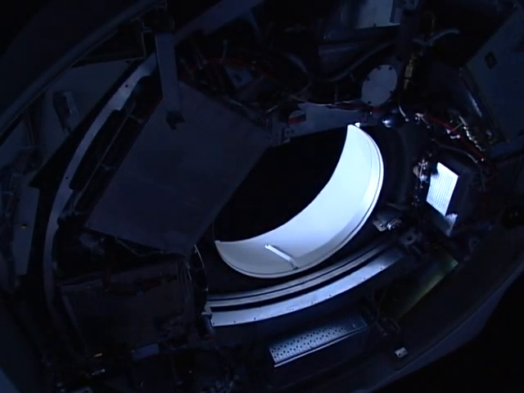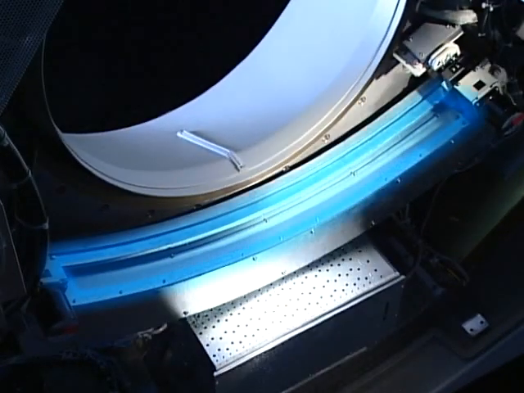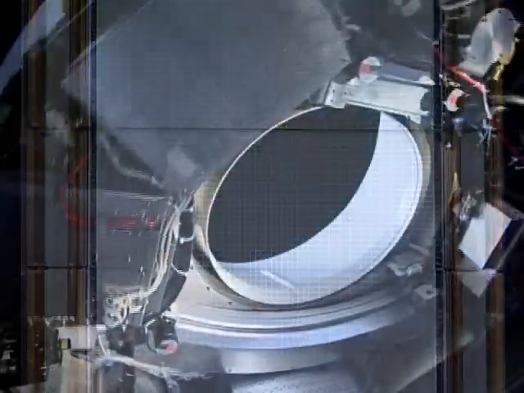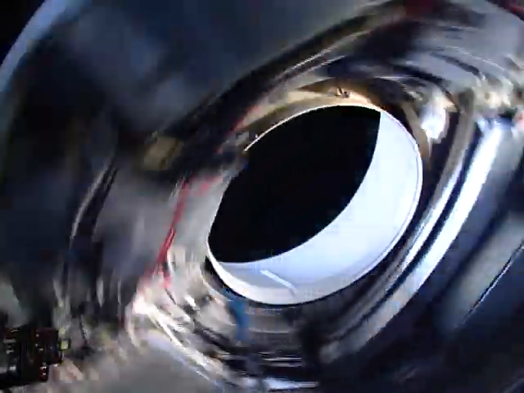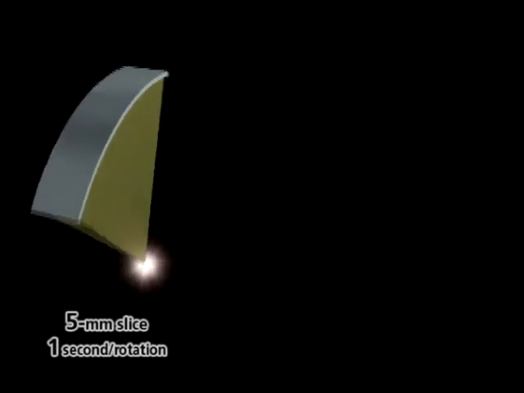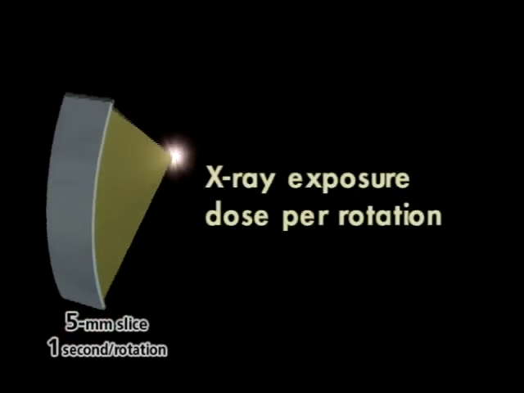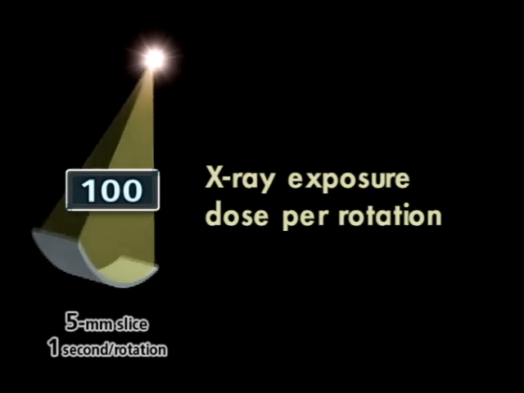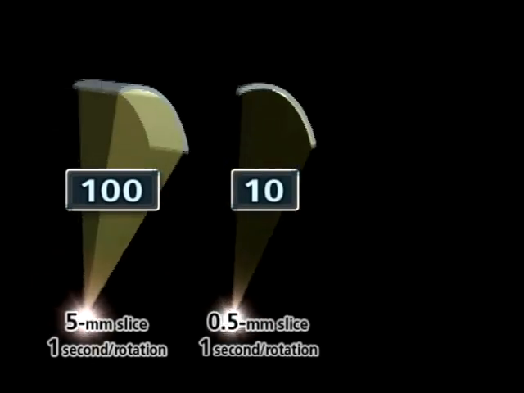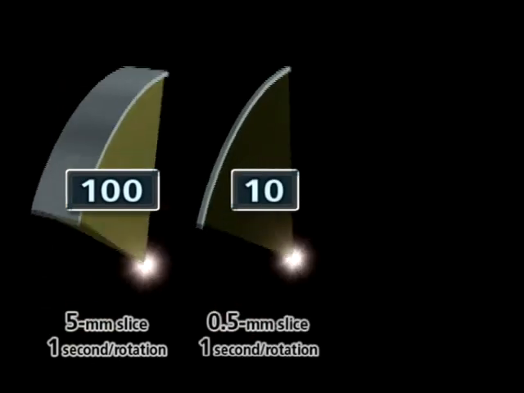One reason is said to be the sheer difficulty of cutting the detector crystal for a half-millimeter slice. But overcoming this difficulty alone wouldn't enable the realization of a half-millimeter slice. This represents the radiation dose of one scan rotation. If the dose of a 1-second 5 mm slice scan is given a value of 100, then the dose of a half-millimeter slice scan would be 10.